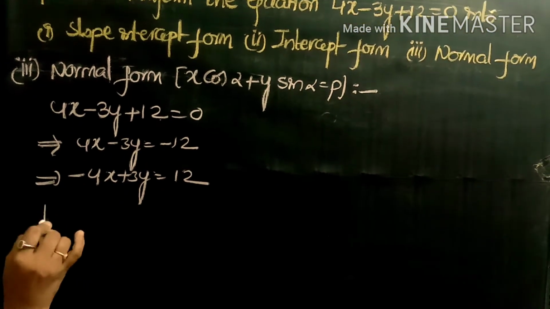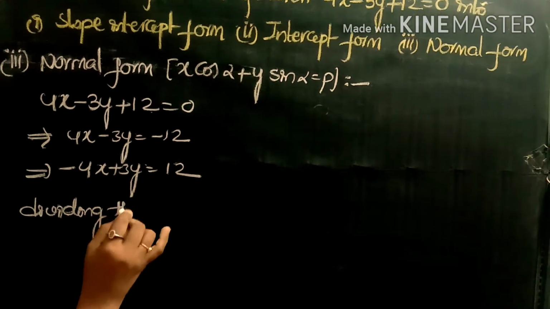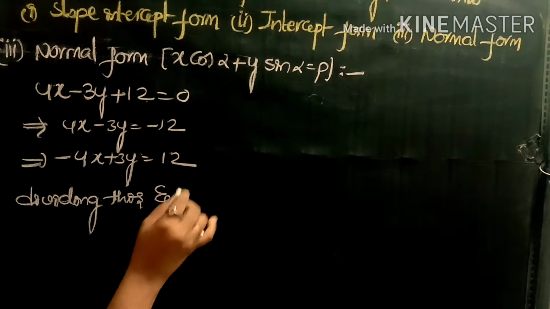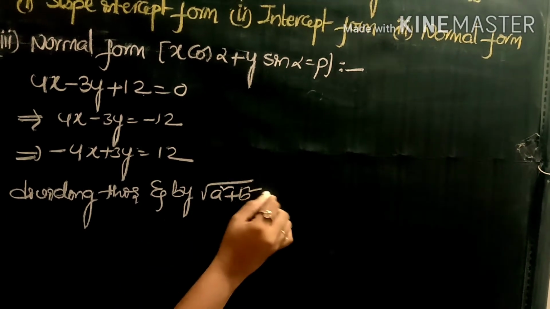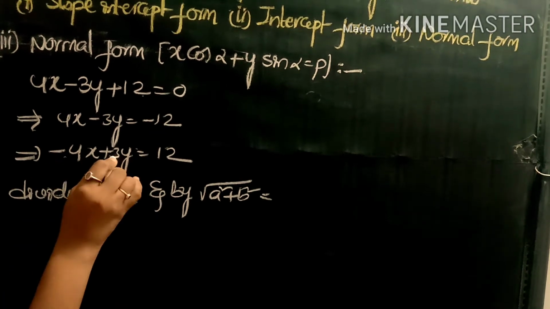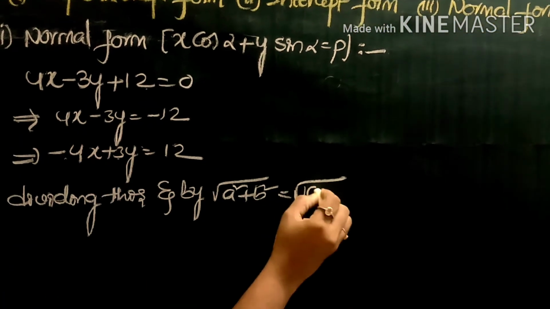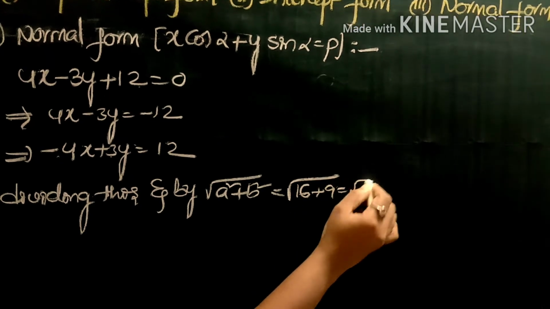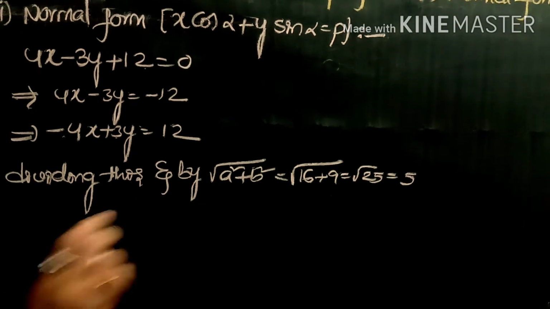Now we are dividing this total equation by square root of a square plus b square. Here a is equal to minus 4 and b is equal to 3. That is square root of minus 4 whole square, 16, plus 3 square, 9. That is root 25 equals 5. Now dividing the total equation by the value 5.